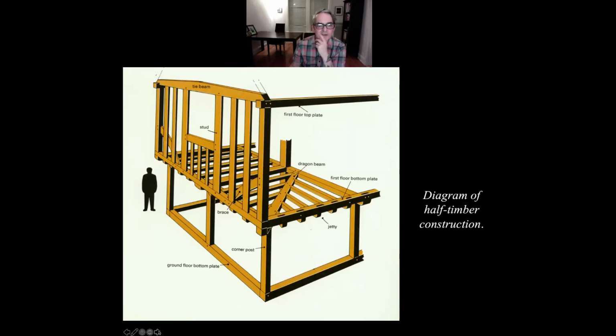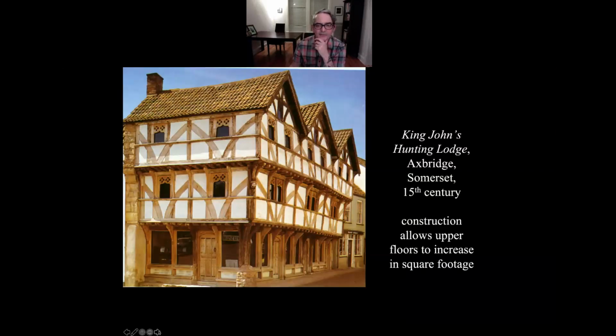There is the English half timber, which was a type of domestic architecture that goes back to the very early 15th century, late Middle Ages, early modern era. And you can see the wooden structure, and then there's the plaster filling in, which is pretty light.